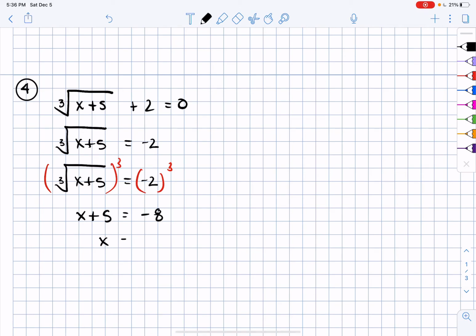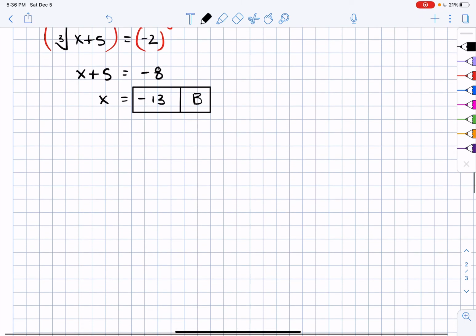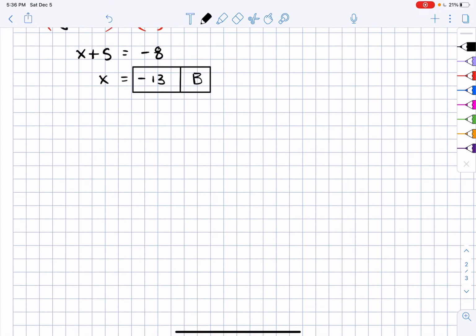So x is going to equal -13, which is choice B. Okay, so with a square root, yes, I can't have a square root become a negative number, but I could have a cube root be a negative number. All right, so we're on to 5.